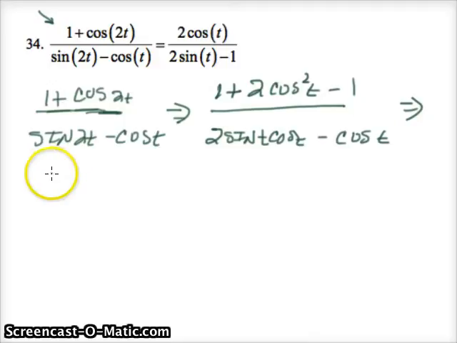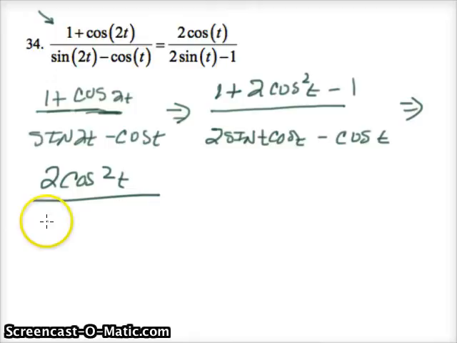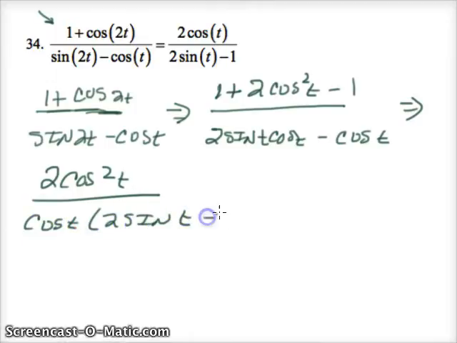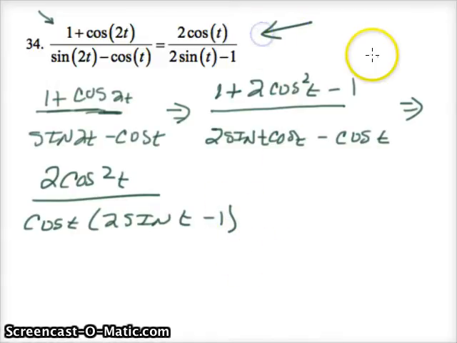The top is just going to be left with 2 cosine squared t, and the bottom, hey, could I factor out a cosine t? What would I be left with? 2 sine t minus 1. Now I am mighty close to what I have here. Oh, but wait a minute.